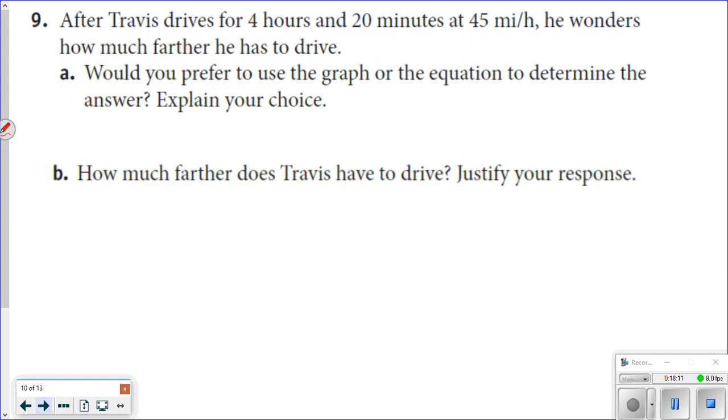After Travis drives 4 hours and 20 minutes at 45 miles per hour, he wonders how much further he has to drive. Answer question A. It's your preference. Would you prefer to use the graph or the equation to determine the answer, and explain your choice?